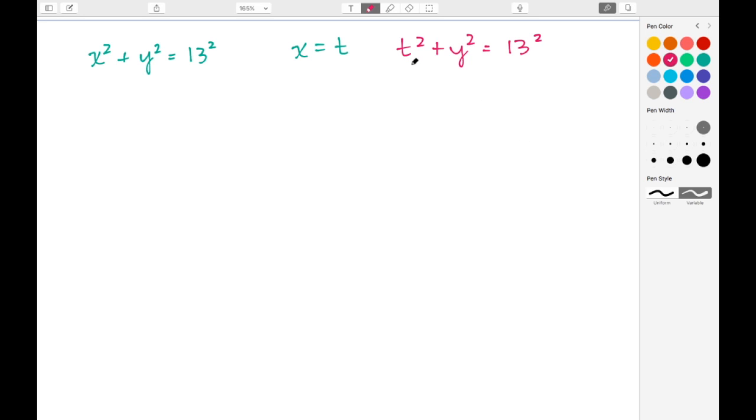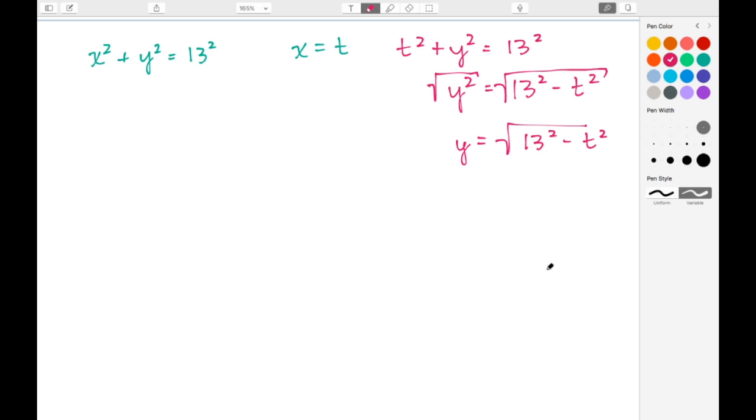We do that by eliminating the term t squared from the left-hand side by subtraction. So we have y squared is equal to 13 squared minus t squared, and we want to use the square root function to figure out what y is. So we take the square root of both sides. At this point we have y is equal to the square root of 13 squared minus t squared.